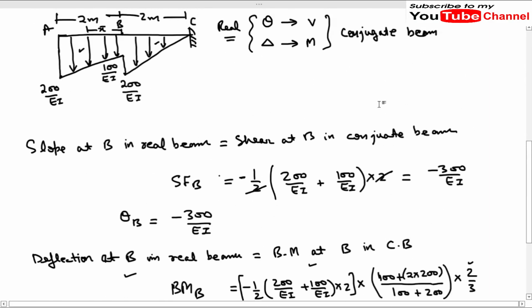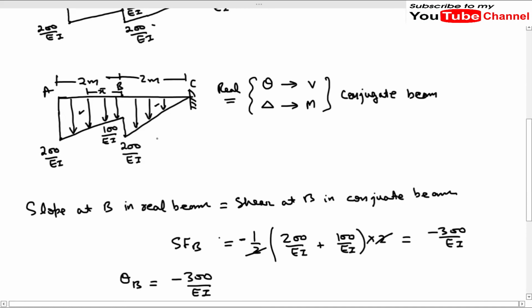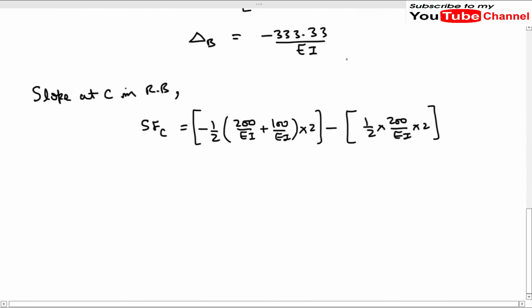If we want to find the area of this triangle, the ordinate is 200 and the length is 2 meters. After solving we will get the value of this as minus 500 by EI. So this shear force in the conjugate beam at C will be equal to the slope in the real beam at C. This is how we can find the slope at C.